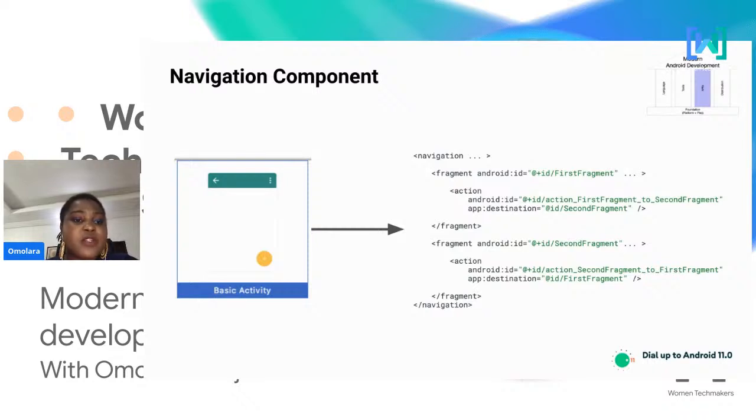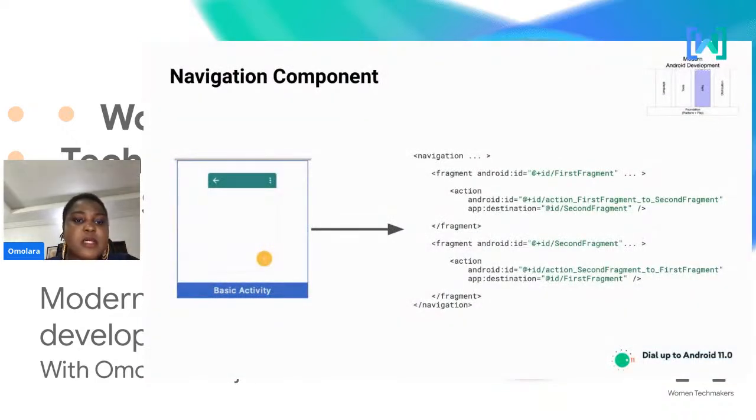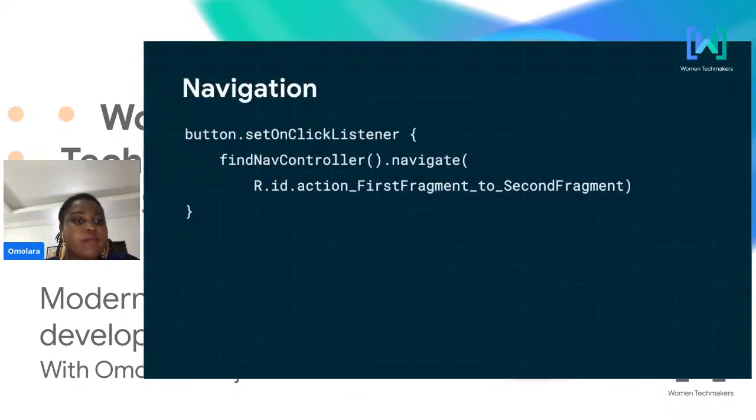You declare a navigation, then you declare the fragment, and then you tell the second fragment to link to the first fragment by declaring the action. Then you can supply the destination. Then easily in your Java, you can just say navigate to what is declared to be this fragment here.